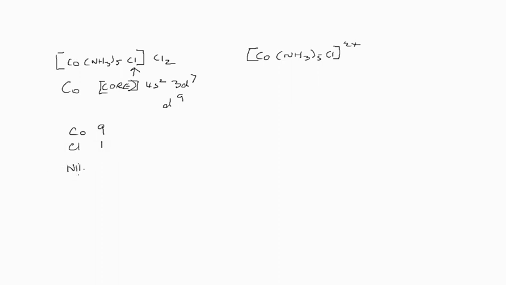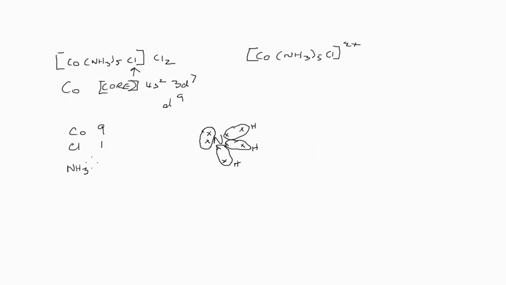The ammonia, you'll recall that Lewis dot structure again would have had this kind of representation for ammonia, and so you end up with a lone pair of electrons.